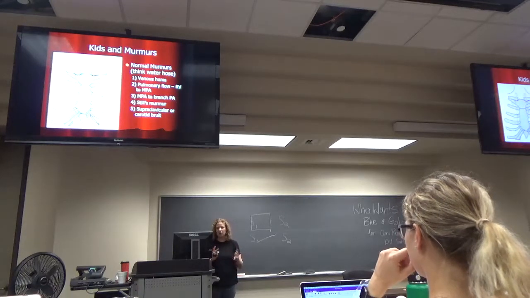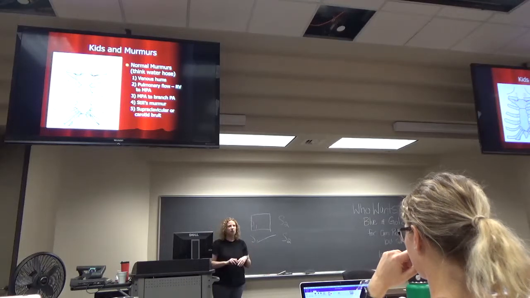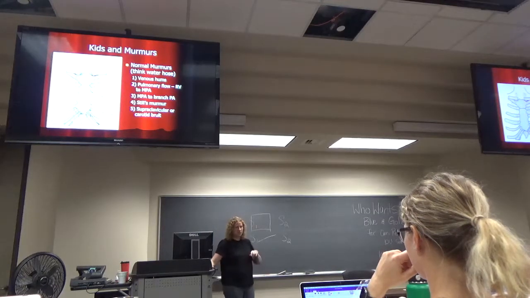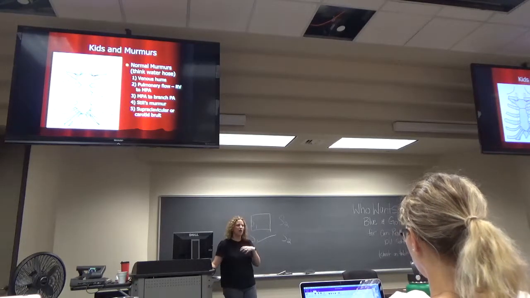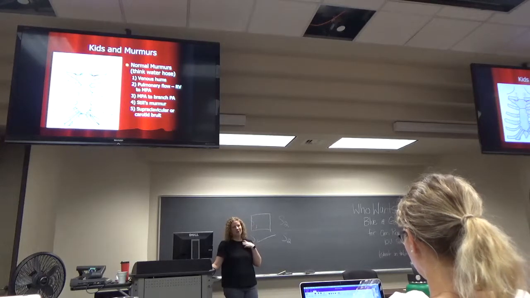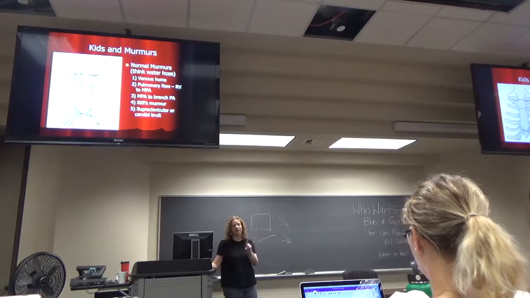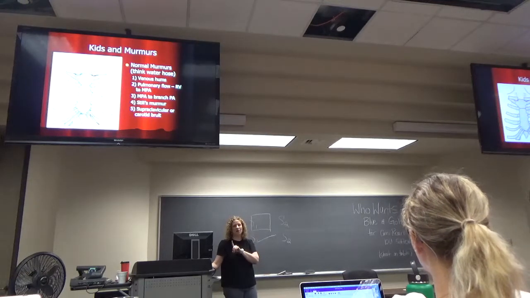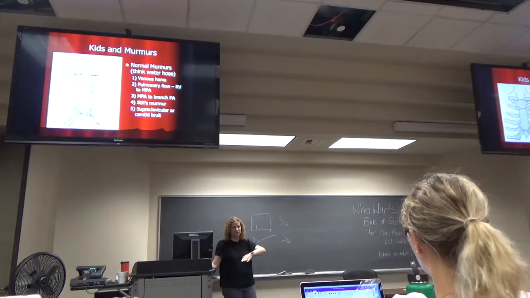You have a couple of different kinds of normal murmurs. I'm going to focus mainly on the venous hum and the Still's murmur. Your venous hum is a continuous little murmur that's often heard right up here and right up here, and what you're hearing is the flow in the veins. The hallmark of a venous hum is, one, a healthy kid who looks totally fine in front of you, and two, a murmur that is heard when they sit up but goes away when they lay down.